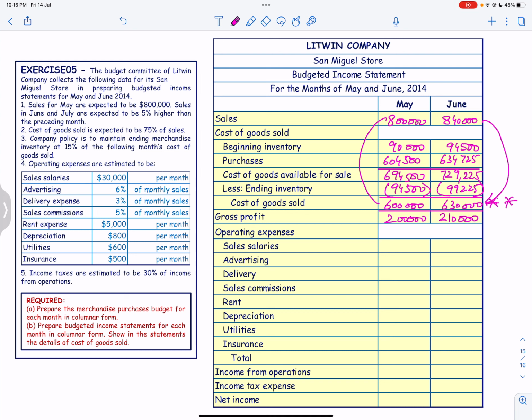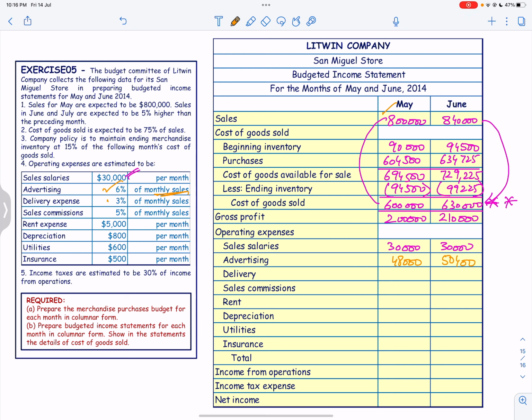Next we calculate the operating expenses. Salaries are fixed, that is 30,000. Advertising is 6% of monthly sales, so 6% of 800 will be 48,000 and 50,400.